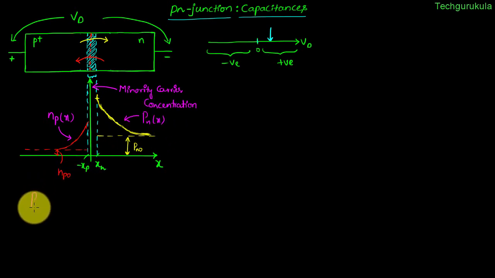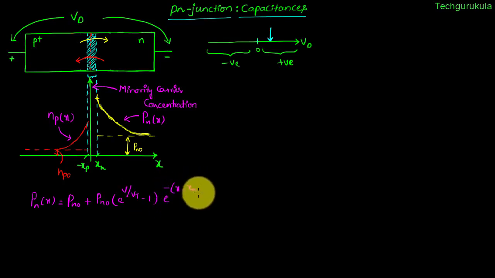I'm taking that value, which is Pn of x given by Pn naught plus Pn naught times e power V by Vt minus 1 times e power minus of x minus xn over Lp, where Lp is the diffusion length of holes.